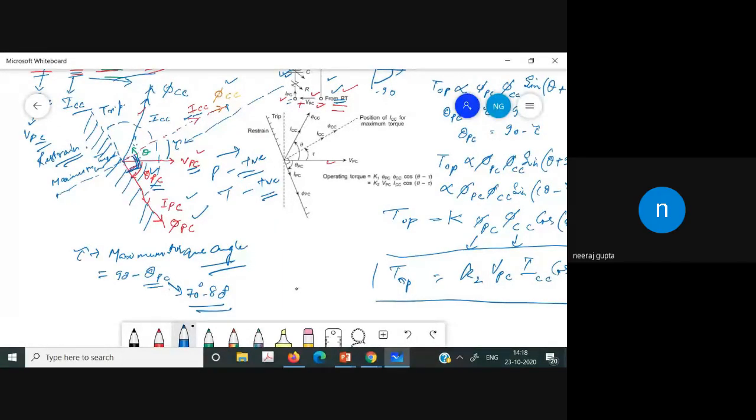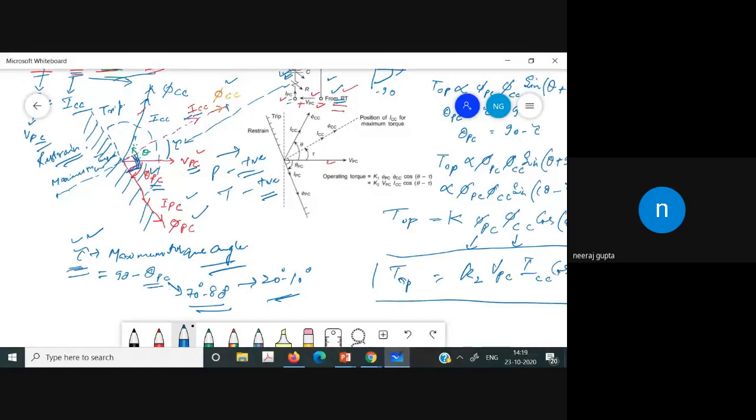So it is highly inductive, 70 to 80 degree, and as a result, the maximum torque angle in this case would be equal to 20 to 10 degree. So this tau can be adjusted to any desired value by varying these components, that is, we have the capacitor and the resistor. We can do that, and as a result, we can vary the angle tau.